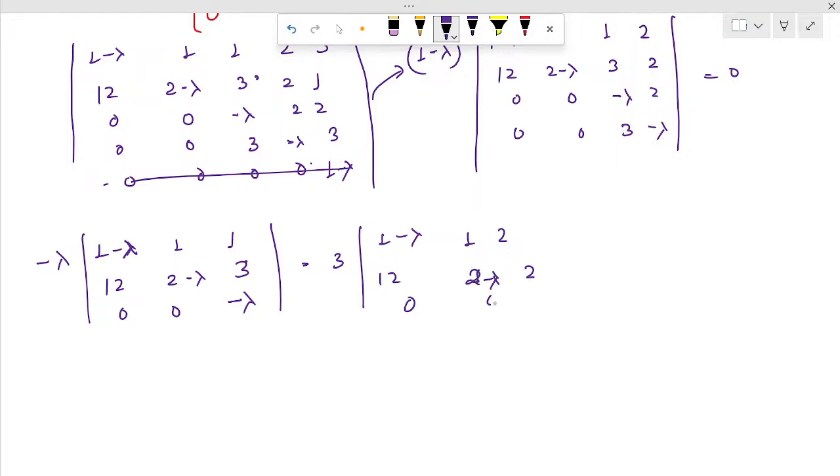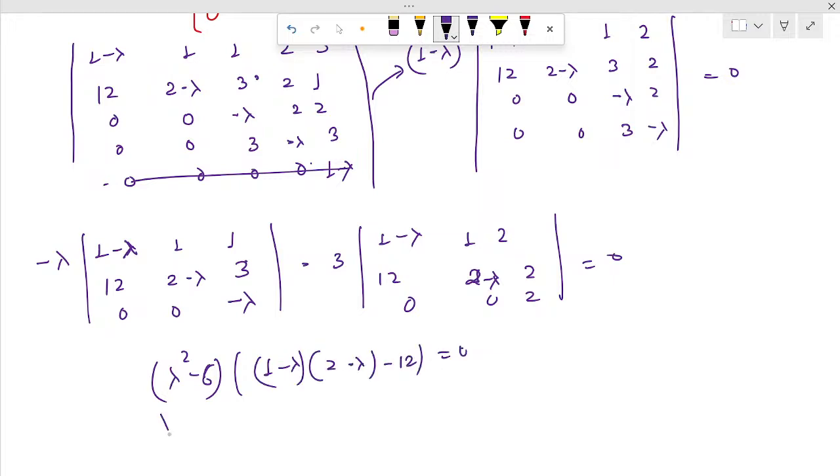Now if you solve this particular equation, you will get something like this: lambda square minus 6 times 1 minus lambda into 2 minus lambda minus 12 equal to 0. And if you solve this, you will get lambda is equal to plus minus root over 6. This is 1.